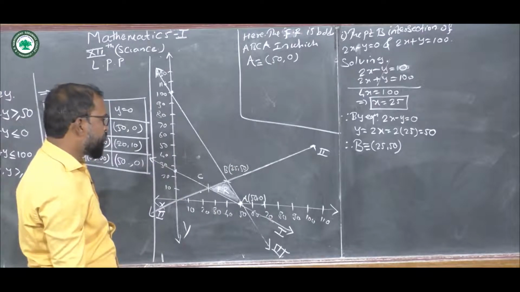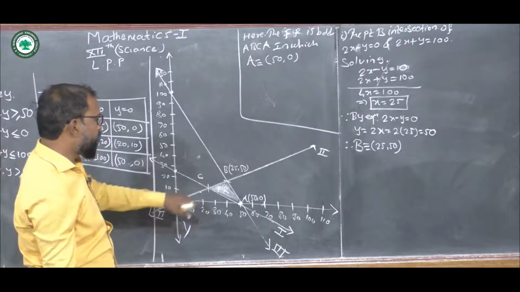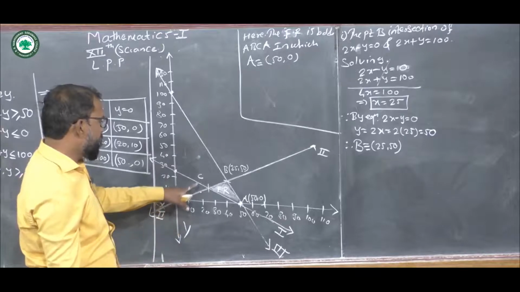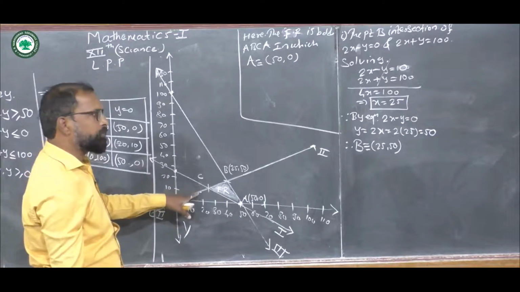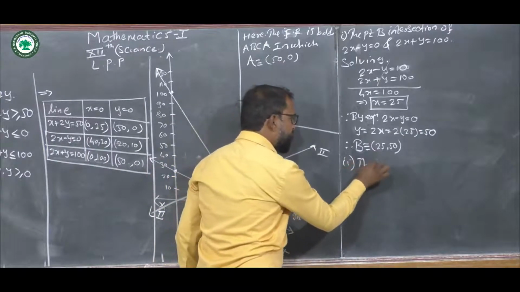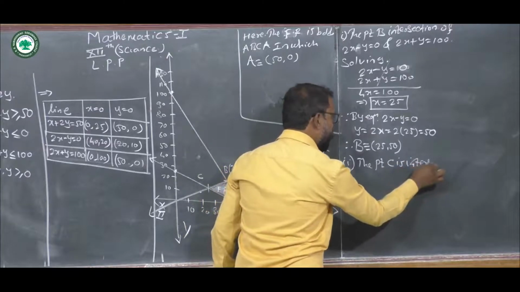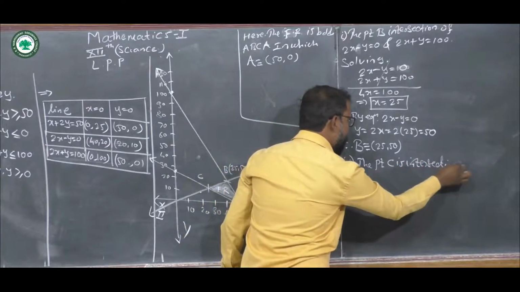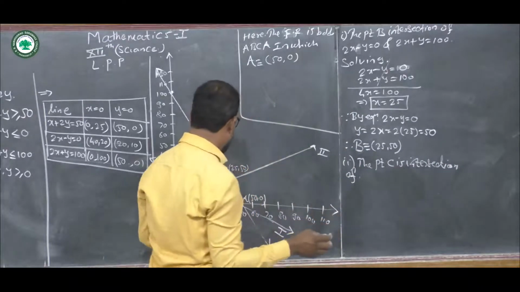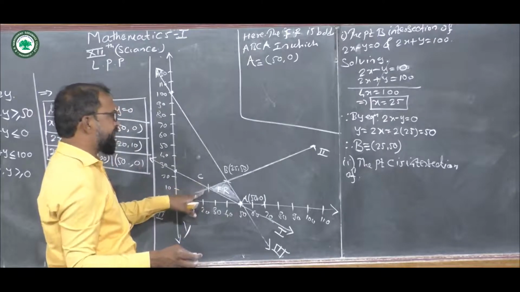Now, next, the point C. Point C is the intersection of the first and second line.